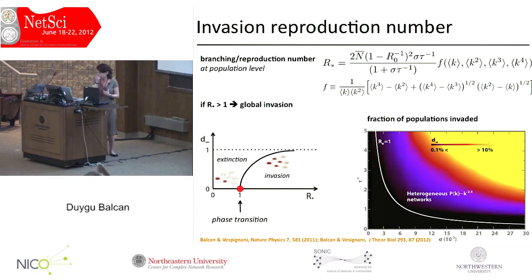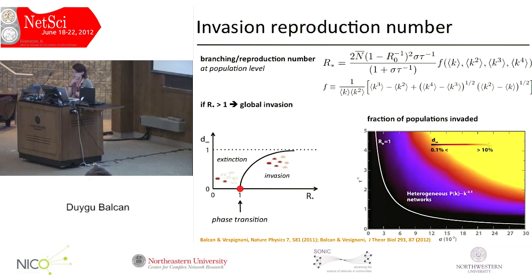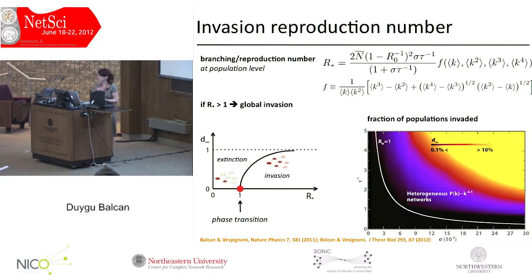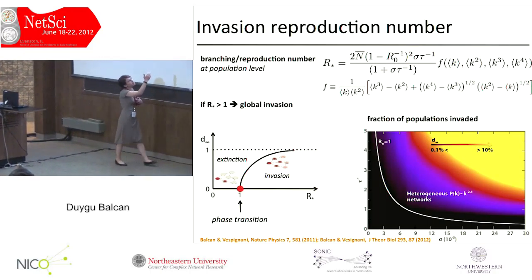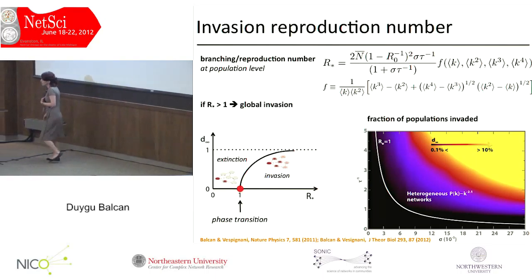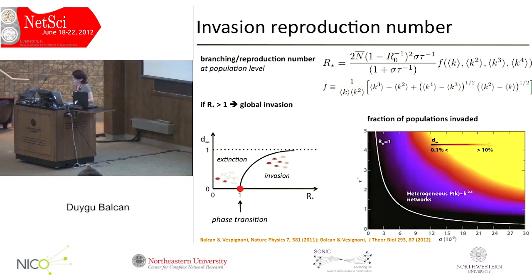You see the solid line gives the result obtained by analytical calculations, and the color-coded figures give the result from the simulations. If you are above this line, let's say if it is not black, then a certain fraction of subpopulations are infected.